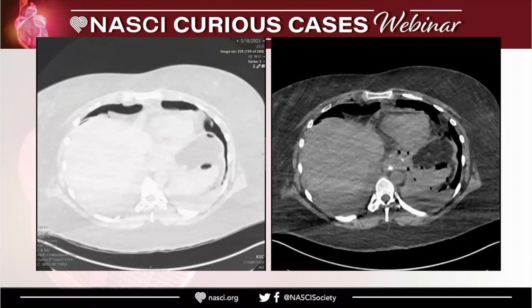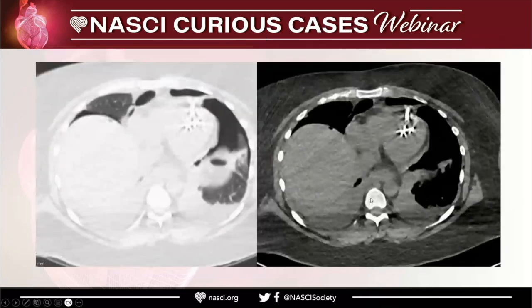You see the tube in the heart, and luckily they didn't take it out. They took the patient to surgery and took it out and closed it. It's a very young patient, and the patient survived. I think I read this CT in the morning.